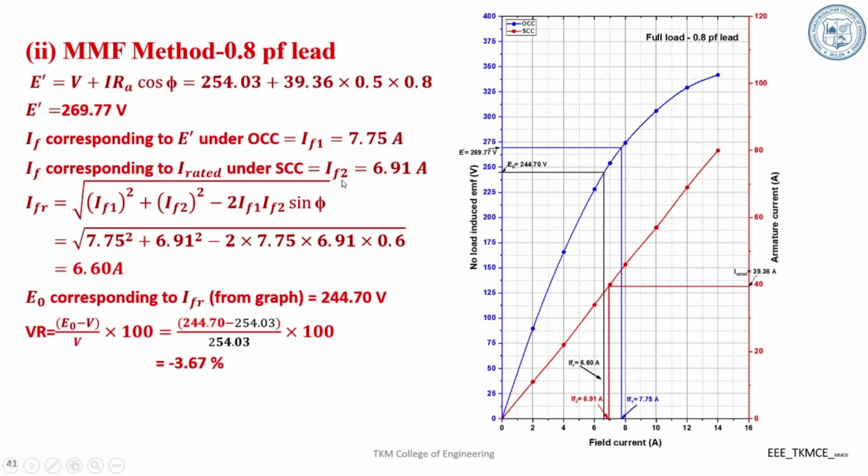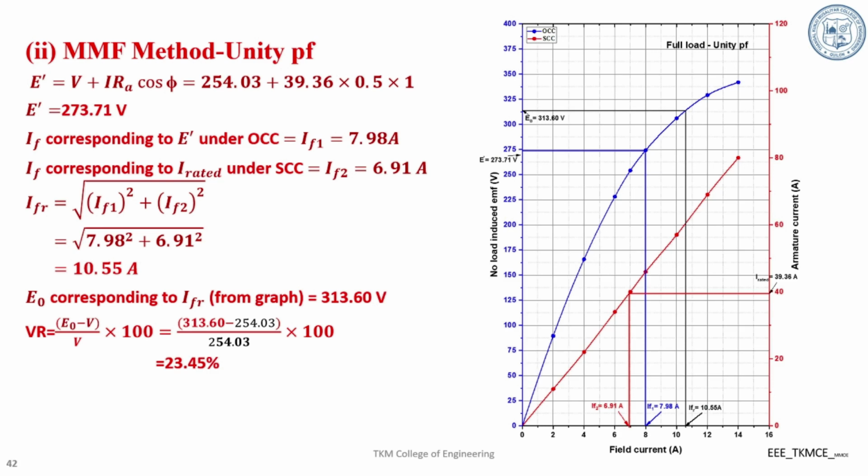Substituting IF1 and IF2 in this expression, the resultant field current is obtained as 6.60 ampere for the 0.8 power factor leading condition. Then corresponding to 6.60 resultant field current, the open circuit voltage is obtained as 244.70 and the corresponding voltage regulation is minus 3.67%.